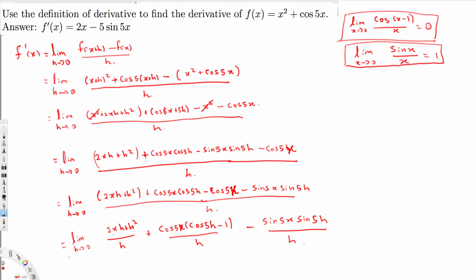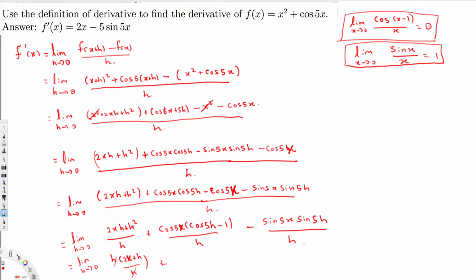Since we have limit h approaches 0, here I can take h common. If I take h common, 2x plus h over h cancels, and here you can see the pattern coming.